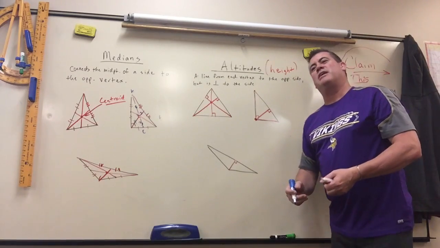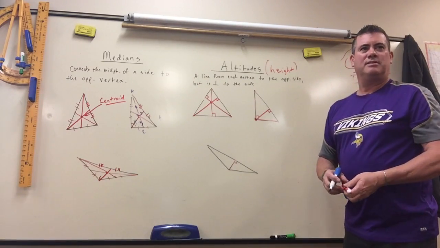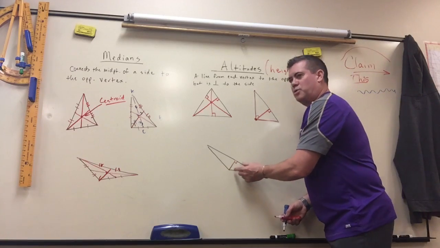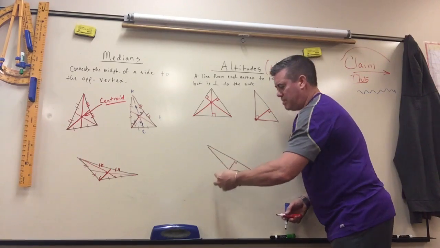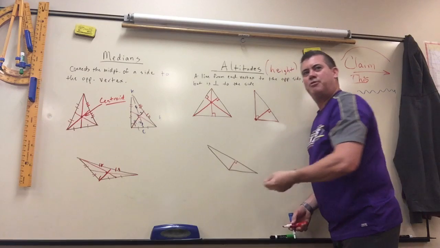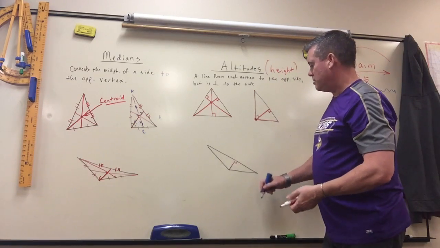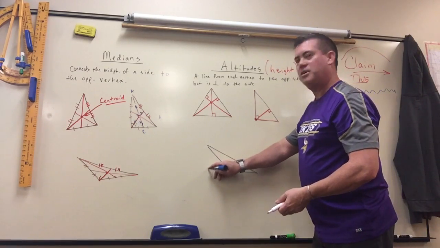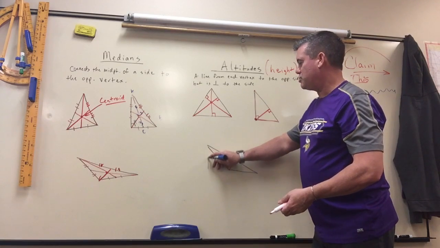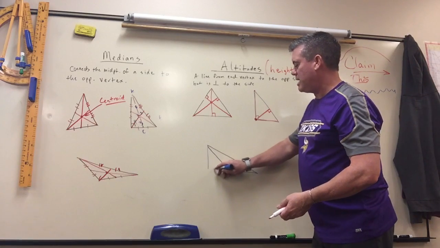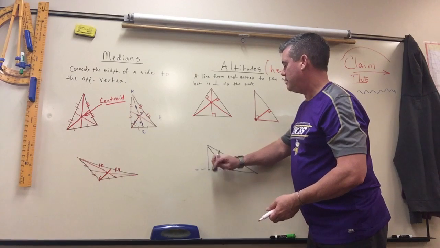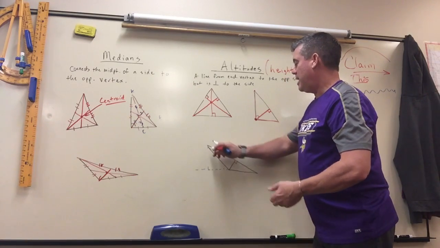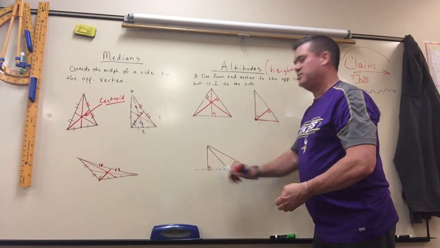Think of this as like a gas station, where this is a lean-to, where people drive underneath. If you wanted to measure how tall this building was, you would have to stand way out here, right? And you'd measure straight up. So what you got to do is extend the side and measure how tall it is.